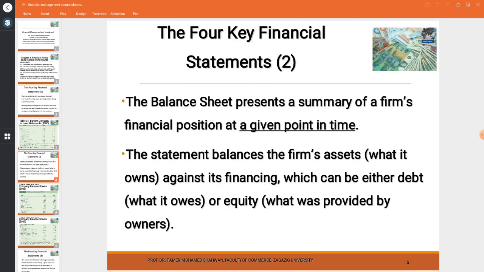Another type of statement which is very important is called the balance sheet statement. The balance sheet statement presents a summary of a firm's financial position at a given point in time. This is why we always say this is a balance sheet of a specific firm on 31st of December, a specific date.